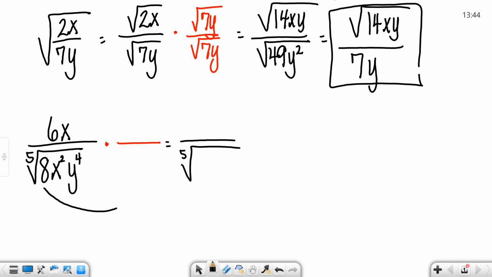So 8 times whatever number I choose to put right here, and then I should be able to take the root of that multiplication. So 8 times 4. Well, there's a better one. I'm sorry, not 4. We're taking the fifth root of. Let's do 2, because I can take the fifth root of 16.